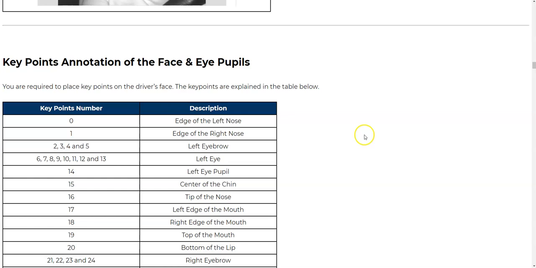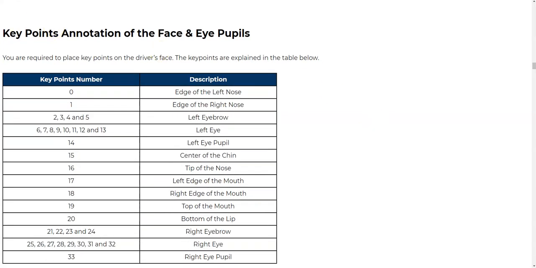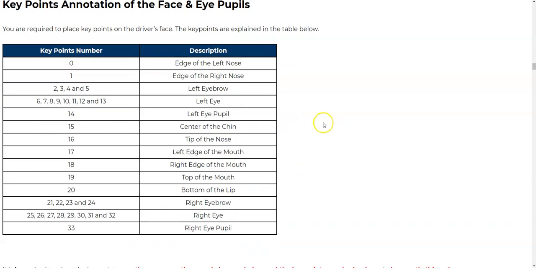Now we're going to take a look at the key points annotation of the face and eye pupils. You are required to place key points on the driver's face. The key points are explained in the table below, from key point 0 until key point 33, so altogether 34 key points.